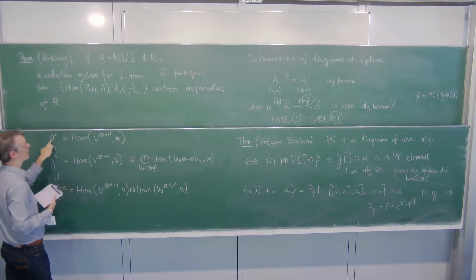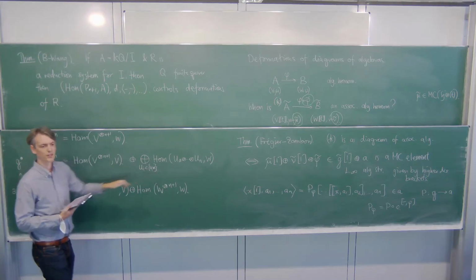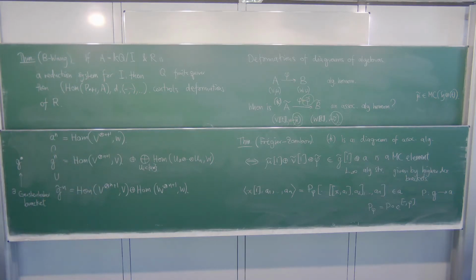So A N is a direct summand of this term here. And yeah, if you do that, you get completely explicit brackets. I didn't write down the formula for all of them.